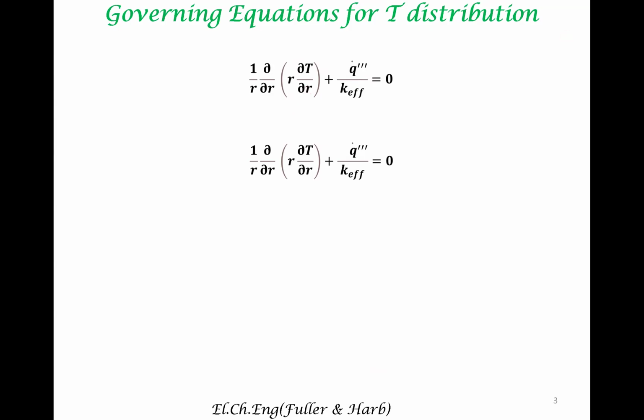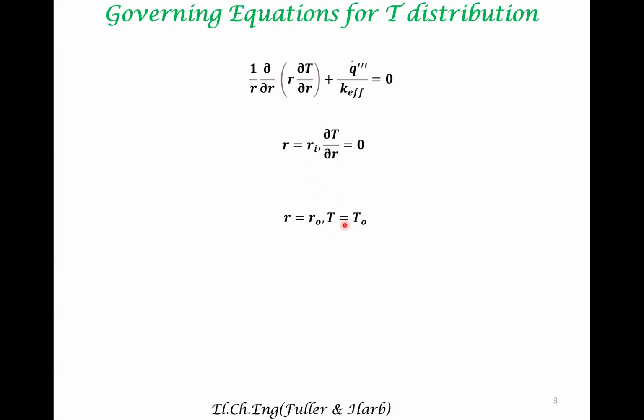The next thing to address is the boundary condition. There are 2 boundary conditions that are of relevance here. At the center of the battery, because of symmetry, dT/dr should be 0. Again, this you must have done in your heat transfer class. And you assume that at R naught, that is the outer radius, this is the inner radius.